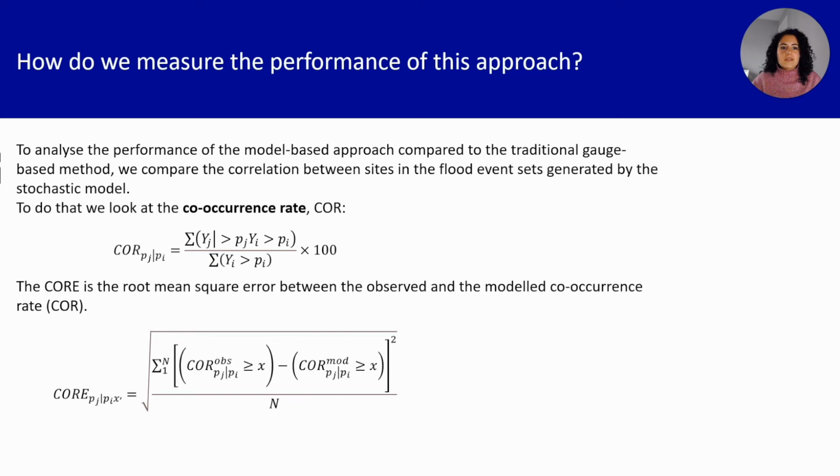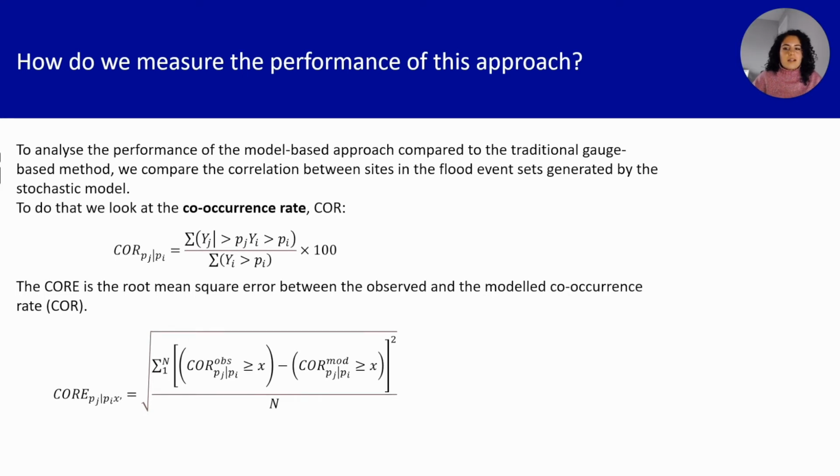The performance metrics that we use to compare the results obtained with the 2 approaches are the co-occurrence rate and the co-occurrence rate error. The co-occurrence rate is the probability of an event occurring at both neighboring and conditioning sites at the same time. So for each conditioning site, the co-occurrence rate is the probability of the neighboring site, j, experiencing an event with a return period that is greater or equal to a certain threshold when the conditioning site is facing an event of a certain return period.